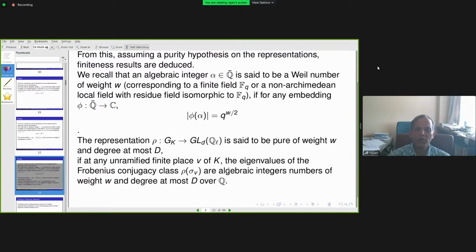If at any unramified place v of K, the eigenvalues of the Frobenius conjugacy class rho of sigma v are algebraic integers of weight W and degree at most D over Q. So these are algebraic integers of weight W and degree at most D. This is what one says is pure: the eigenvalues of the Frobenius and all their conjugates have the same absolute value, which is Q to the power W over 2.